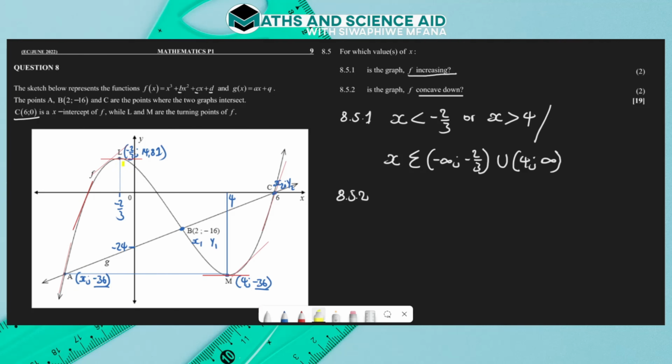We can see that around the turning point L, our graph is actually concave downwards, you see. However, around the turning point M, it is concave upwards.